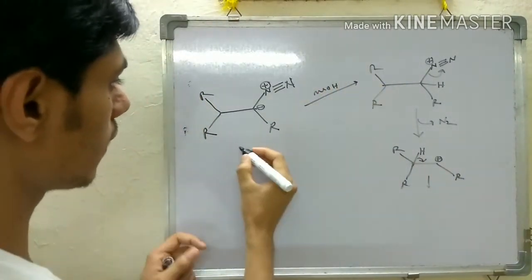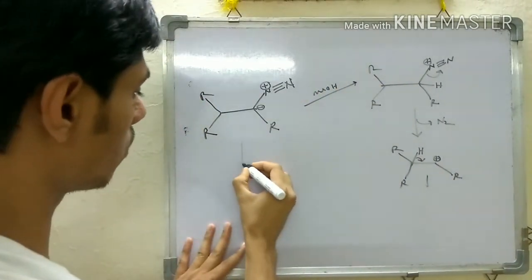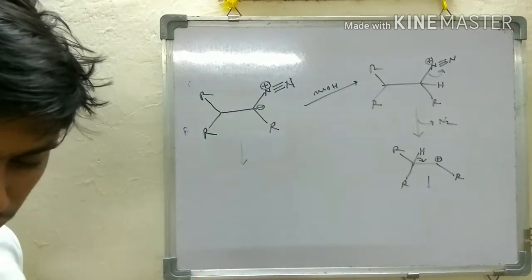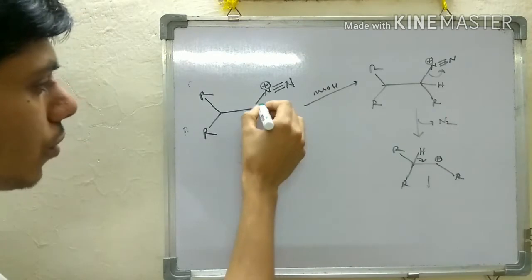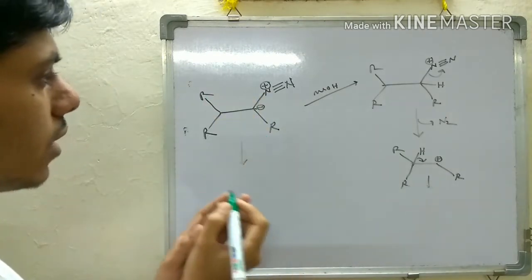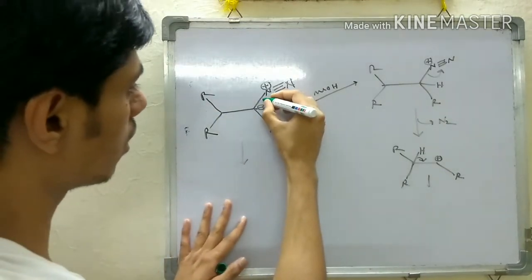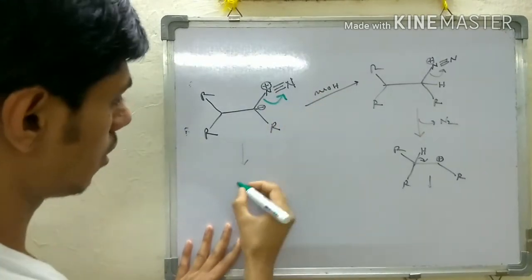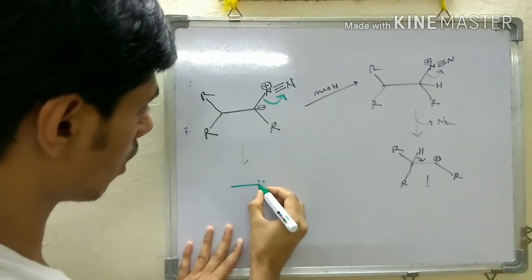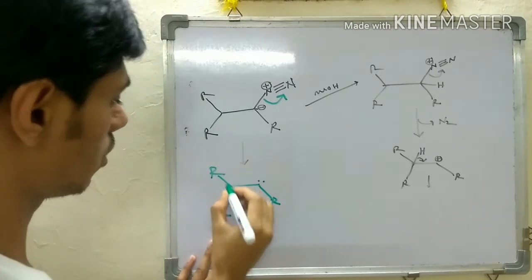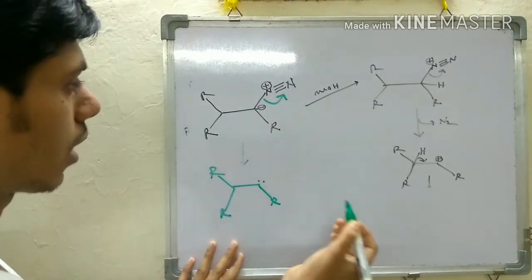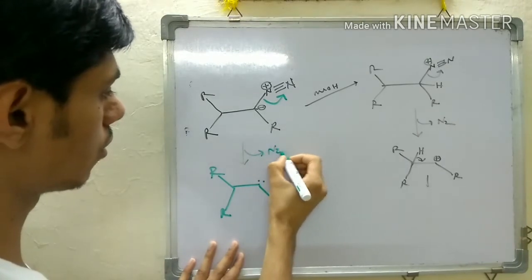Now let's say the reaction is taking place in aprotic solvent. In aprotic solvent, you don't have a proton for protonation of this negative charge. So then what can happen, it can just leave behind a carbene. So in case of aprotic solvent, you will get a carbene, and here nitrogen goes.